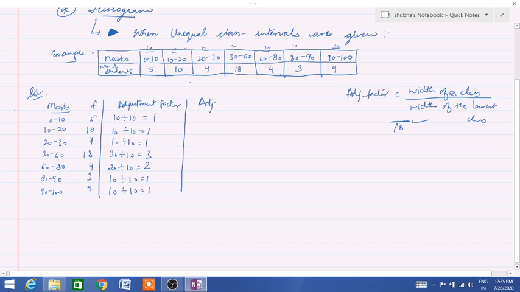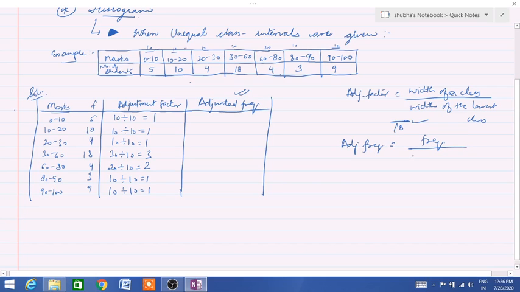Now we'll find the adjusted frequency. While making the histogram, we need this frequency to be plotted. We will not use the frequency given in the question. We have to first adjust the frequency according to the class intervals. So, how to find the adjusted frequency? The formula is the frequency of the corresponding class interval divided by the adjustment factor, which we have already calculated.